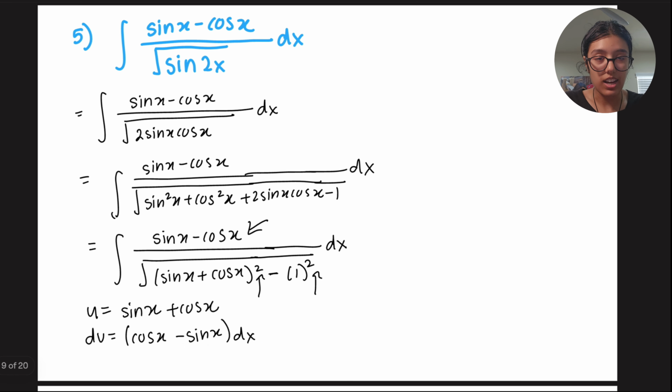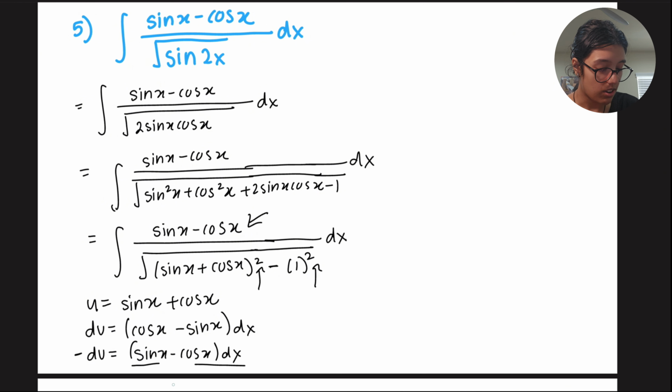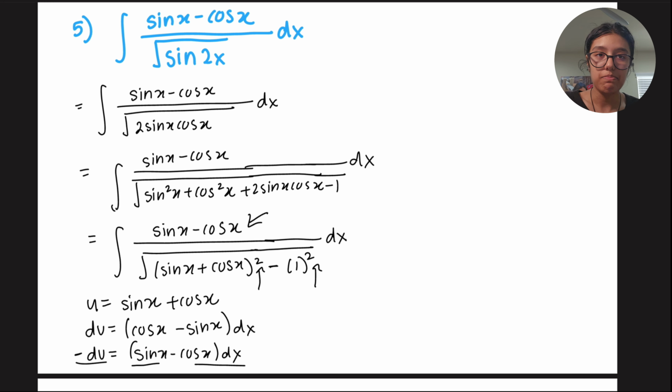So the signs are just switched. So I'm actually going to multiply both sides of this by a negative. So negative du equals (sine x minus cos x) dx. This way, (sine x minus cos x) dx is the exact same thing as over here, and that is just equal to minus du.